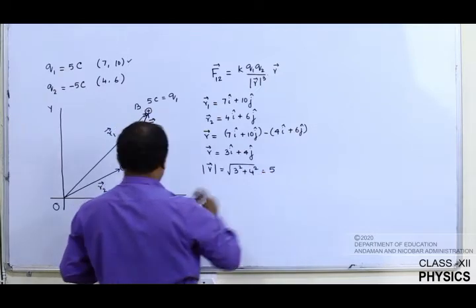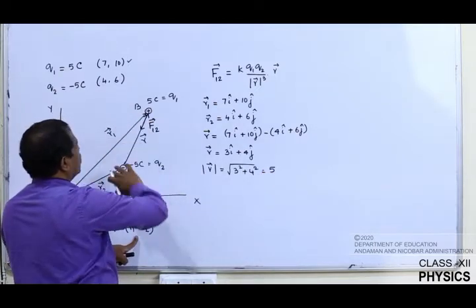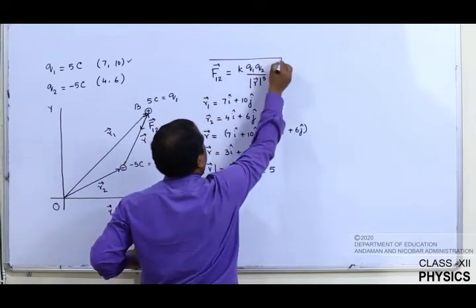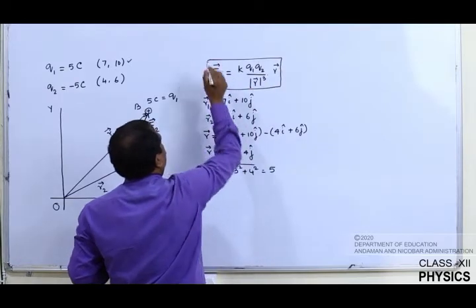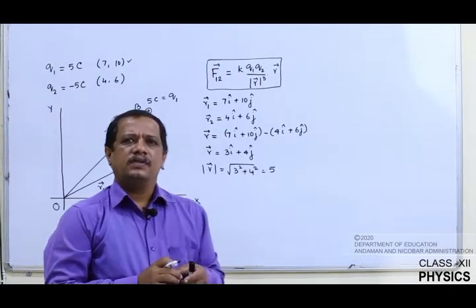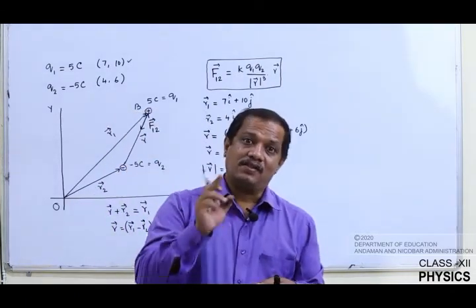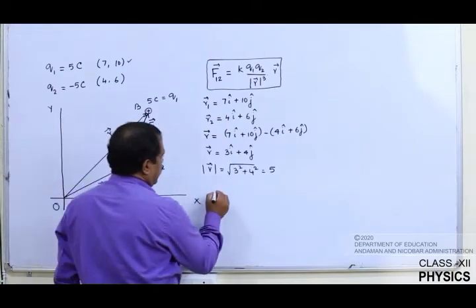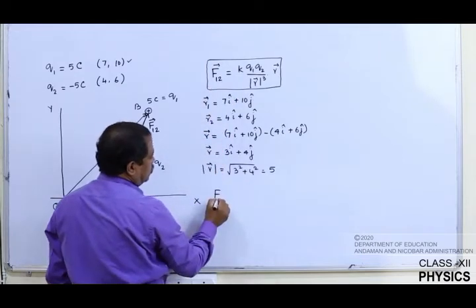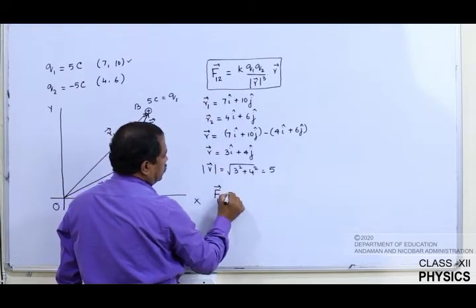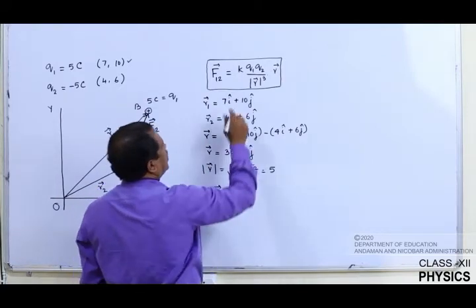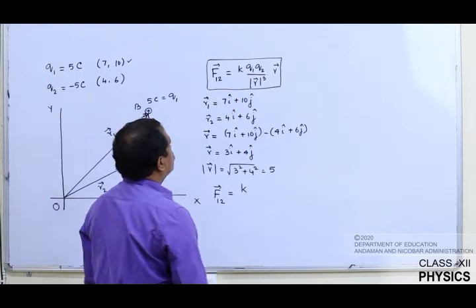Let us assume that the positions are measured in meters. Now let us substitute the values. We know this is the expression, and we already noted the point while calculating the force using vector form: we will substitute the value of charge with the sign. So F12, the force on the first charge due to the second, is equal to K. I am not going to substitute K itself, because I know the values Q1 and Q2.